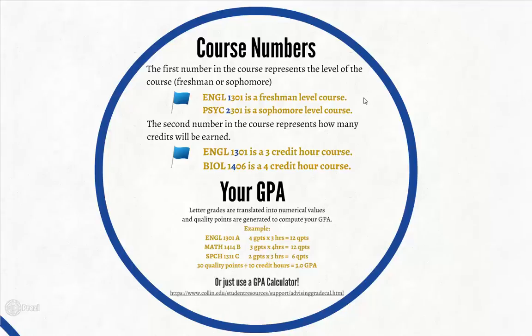I always tell students, if you're coming in and you're ready for English Composition 1, English 1301, that should be your very first class that you take, because that is your foundation building class. That's going to teach you how to do the research, how to cite the research, making sure that you're following all the parameters for research mechanisms that you need to make sure that you're not plagiarizing or anything like that.